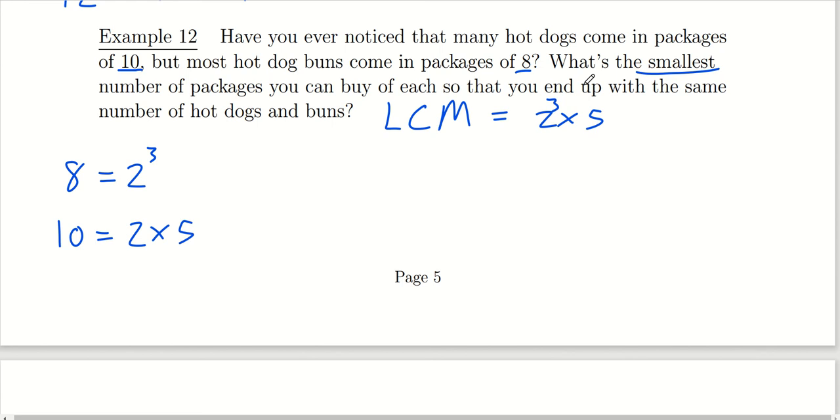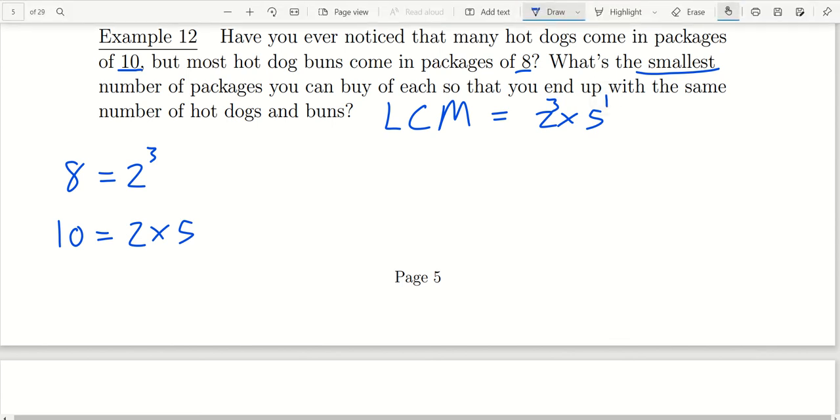That was the 10. It had 1 5. Therefore, our LCM is going to have 1 5. We have our LCM, but it's in factored form, so we can go ahead and multiply it out. We have 2 to the third, which is what? 8 times 5 for an LCM of 40.